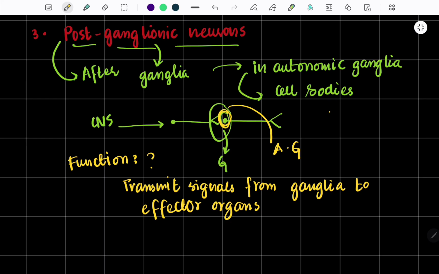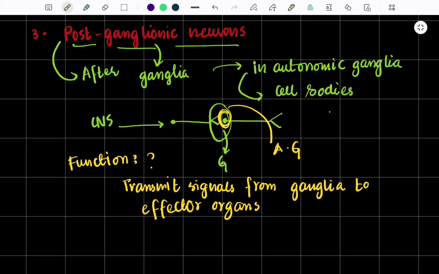Which means that it can transmit the impulse or signals from ganglia to different effector organs like heart, glands, smooth muscles, or other organs of the body, right?